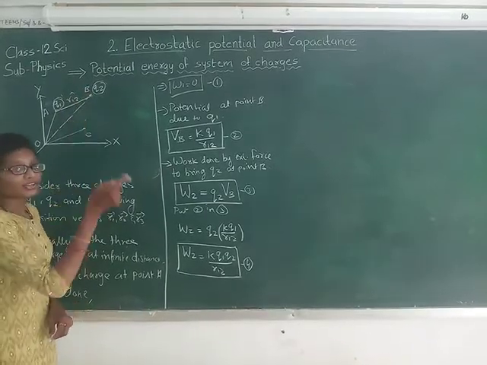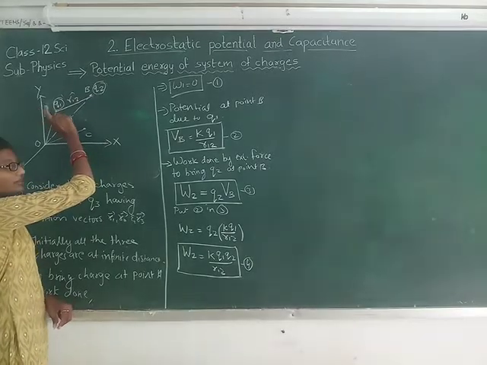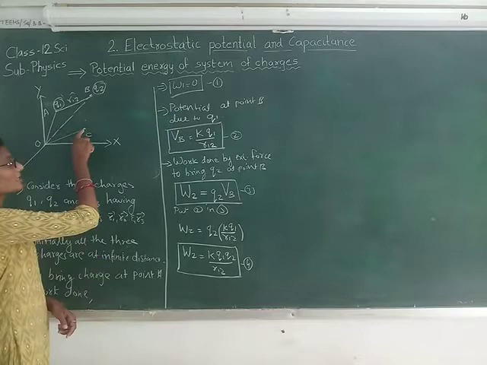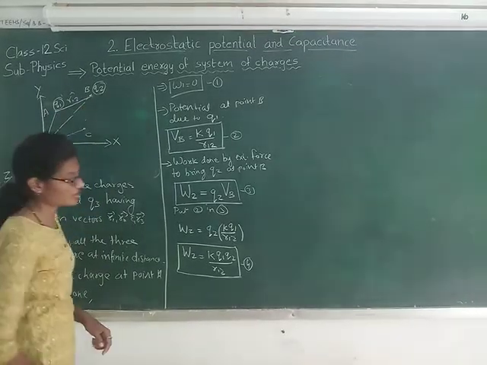So the electric force is provided by these charges on the Q3 charge, right? So first of all we need to see the potential at this point C due to Q1 charge and due to Q2 charge.